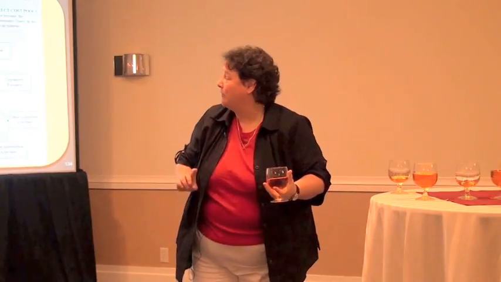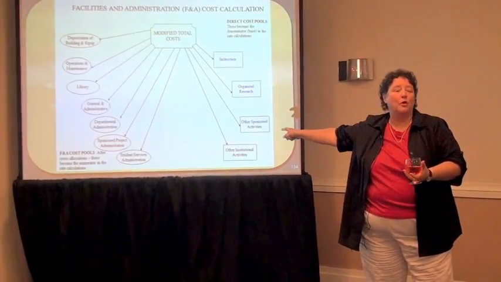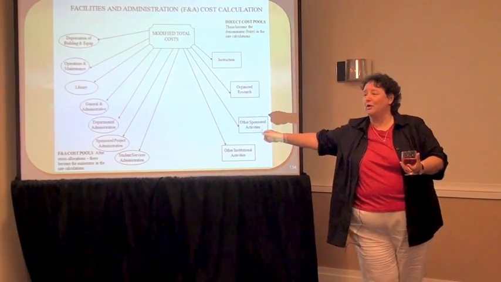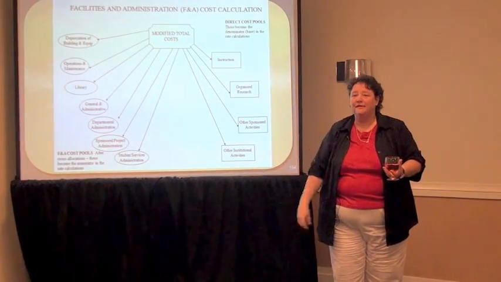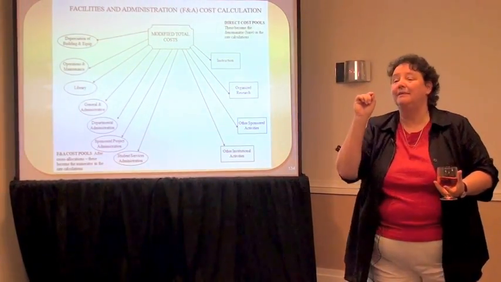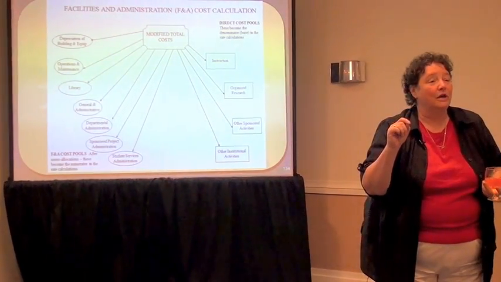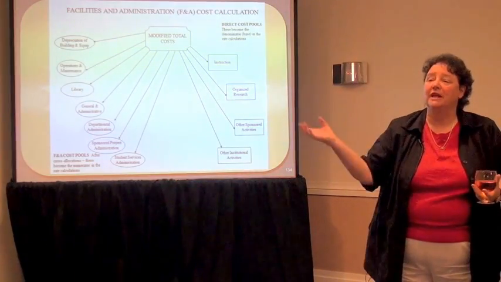General and administrative. These other ones, oh, here's something. Notice that all the bottom ones begin with what word? The bottom ones over here, what word do they begin with? Administration. The A in the F&A. Okay? So when you get to the general administrative, they can't do it by space, but they do it by percentages of people.